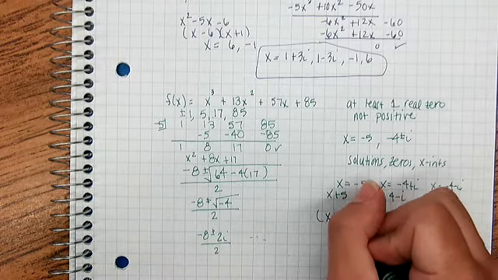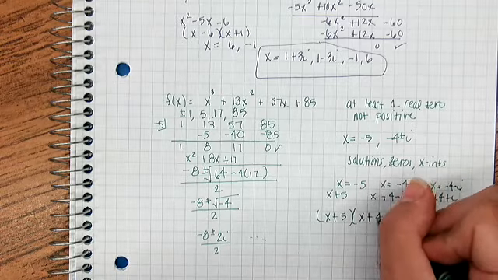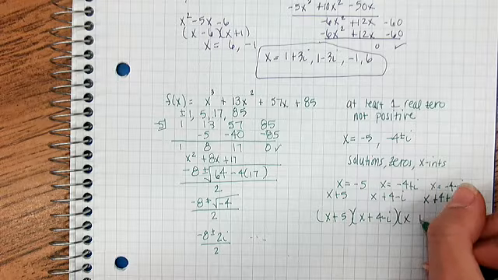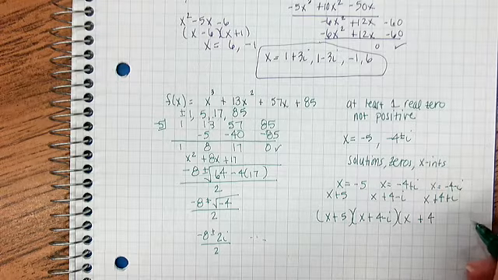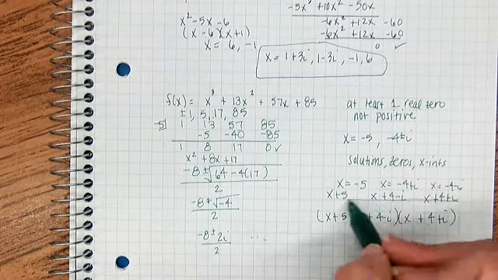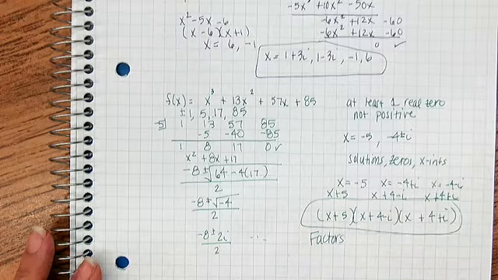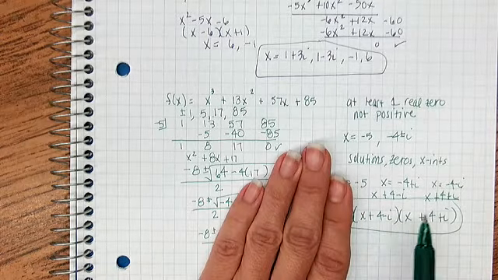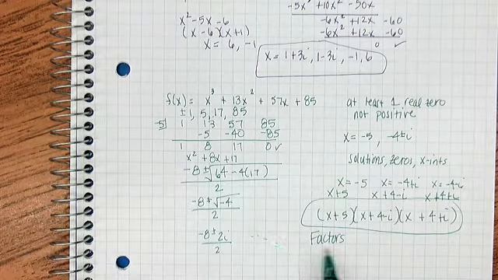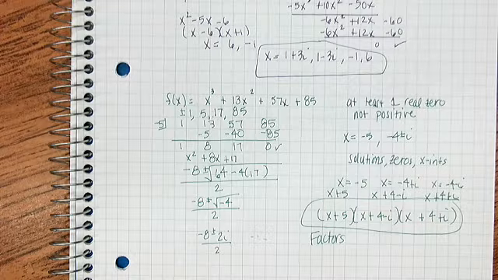So in factored form, x plus 5, x plus 4 minus i, x plus 4 plus i. These are the factors. Know the difference. If you multiply x plus 4 minus i, x plus 4 plus i, you're going to get x squared plus 8x plus 17. Multiply the whole thing out, and you're going to get the given polynomial.